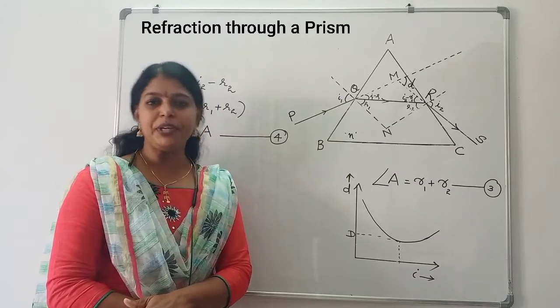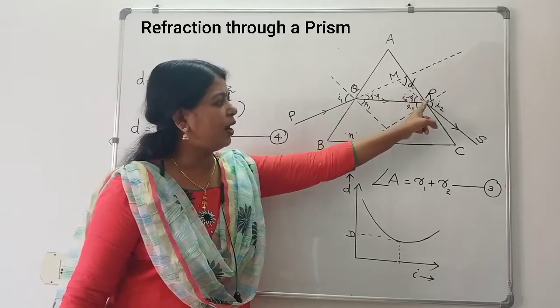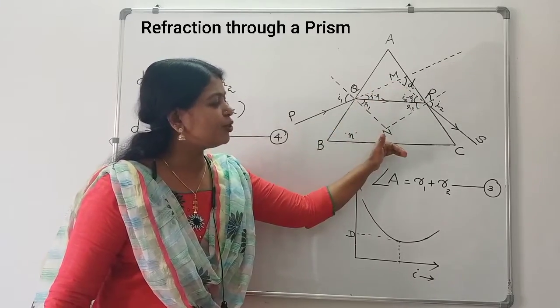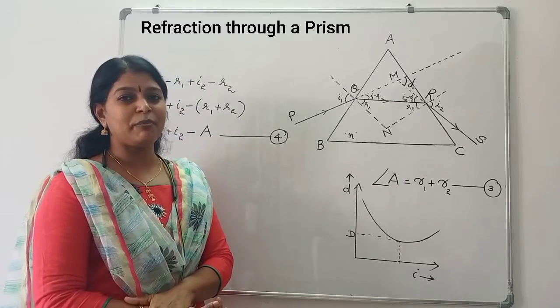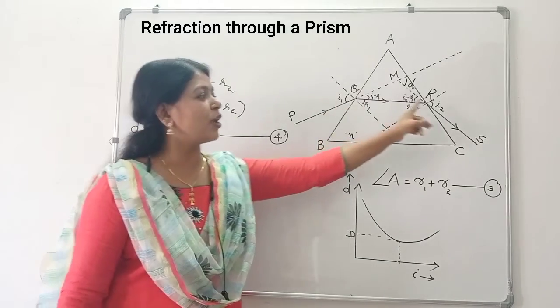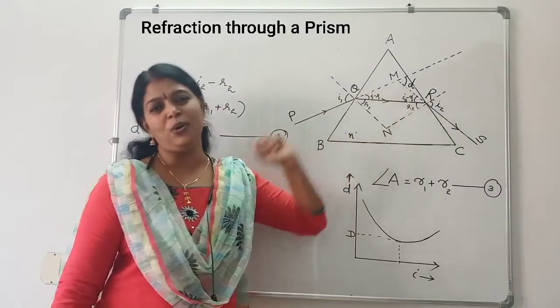When the angle of deviation is minimum, the refracted ray QR becomes parallel to the base. Then I1 becomes equal to I2 and R1 becomes equal to R2.